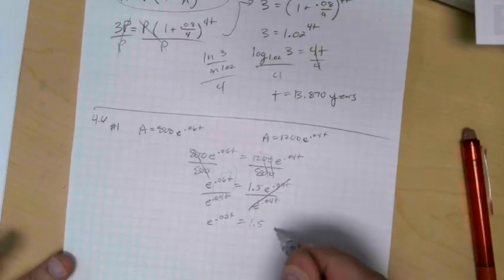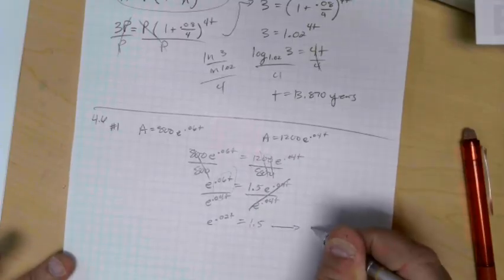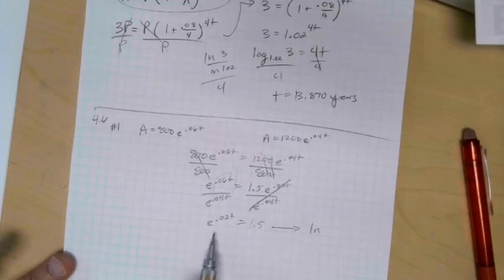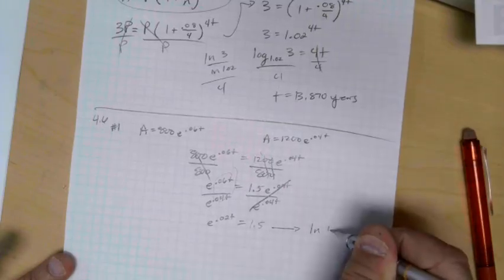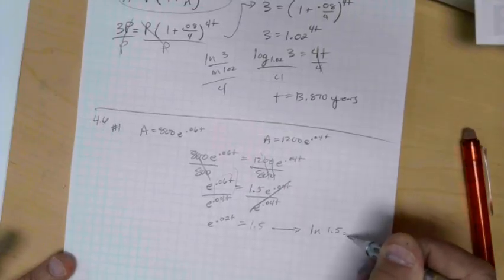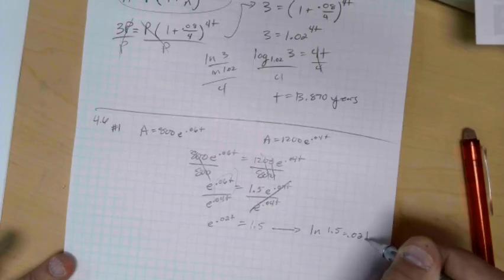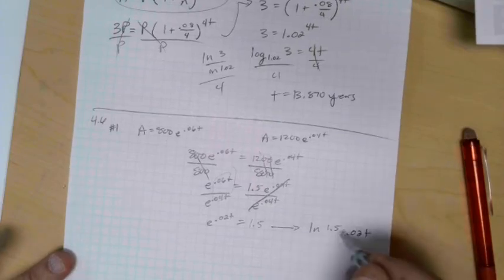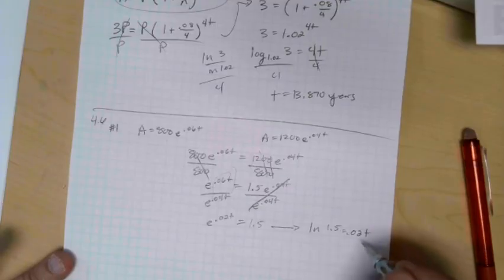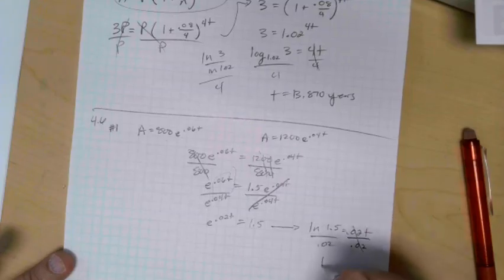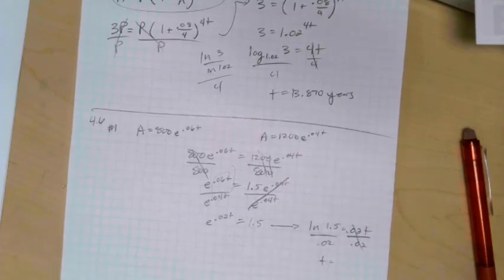Now I've isolated that, so let's rewrite it. So natural log, since it's base e, of the 1.5 is equal to 0.02t. And if I divide by 0.02 on each side, I get t equals that.